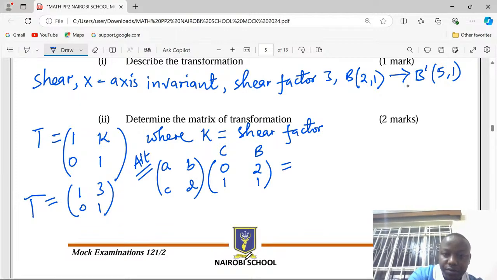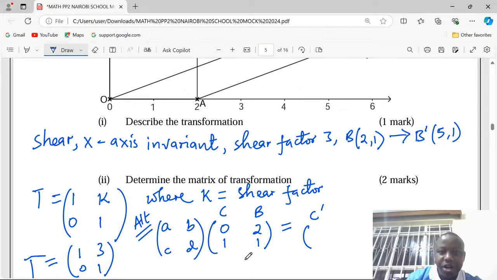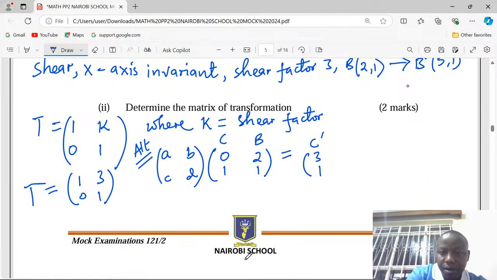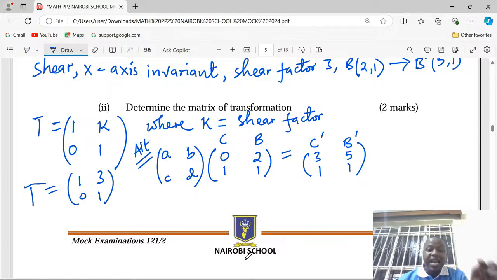They are mapped onto C prime, whose coordinate is 3, 1, and B prime, 5, 1. So through this expression, we can determine the unknown matrix which maps C and B onto C prime and B prime.